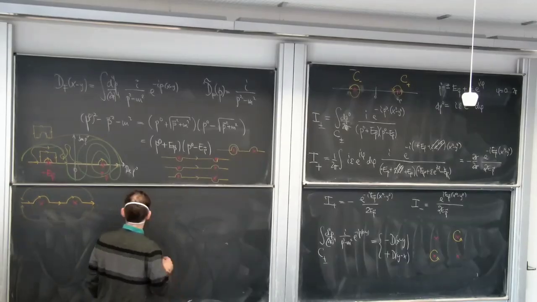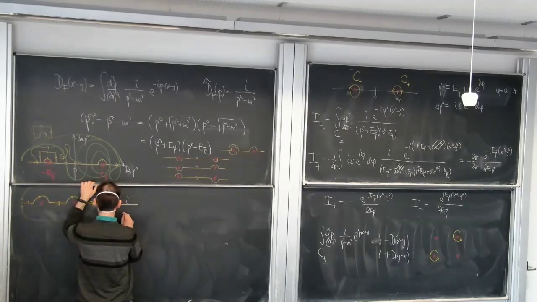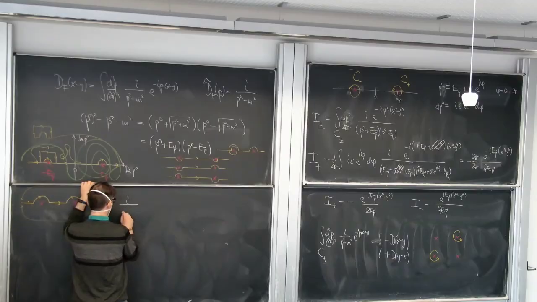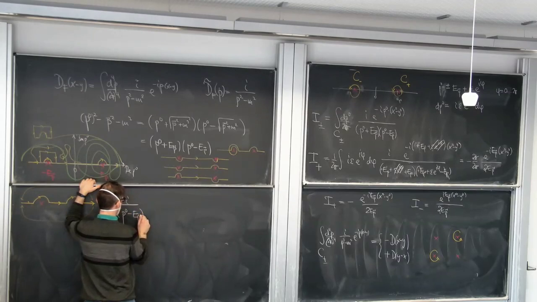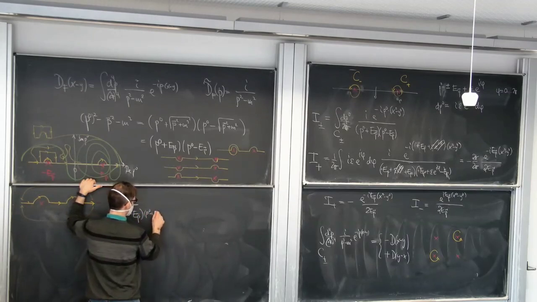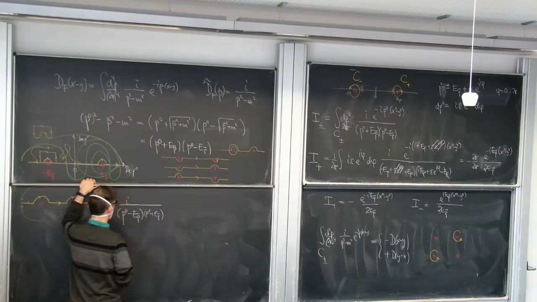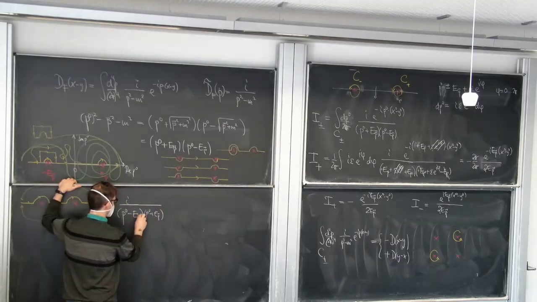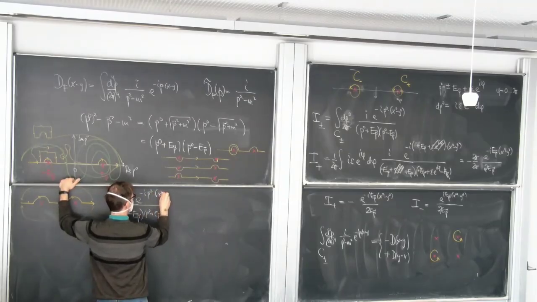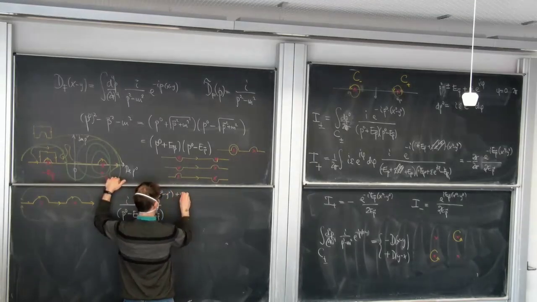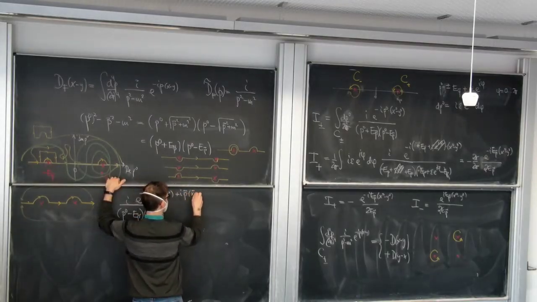So what's my integrand again? The integrand was 1 over p squared minus m squared, so (p0 minus Ep)(p0 plus Ep), like this. And upstairs it's e to the minus i p0 (x0 minus y0) plus i p vector (x vector minus y vector).